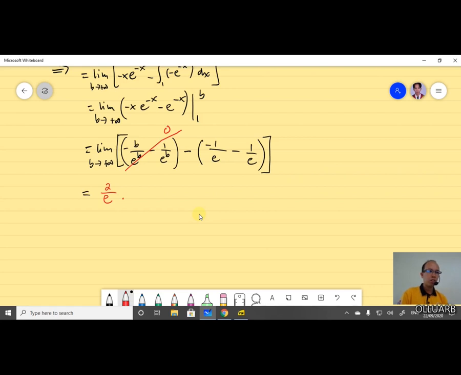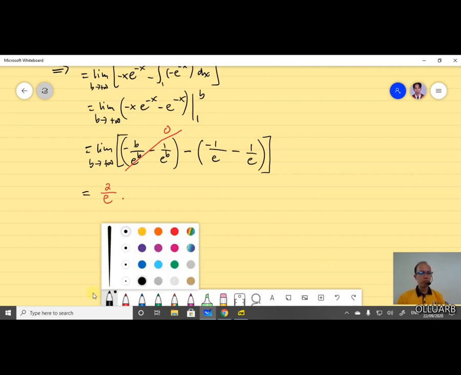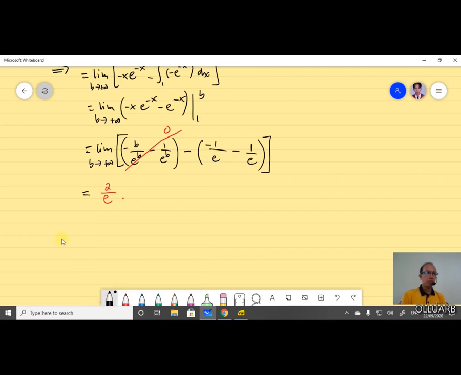So accordingly, we have the summation of negative n times e to the negative n, where n starts from 1 to positive infinity.